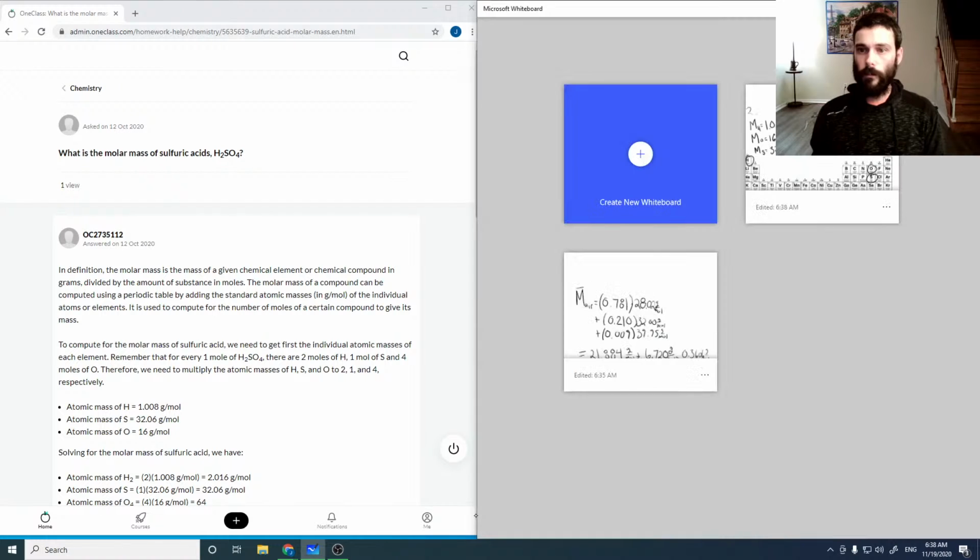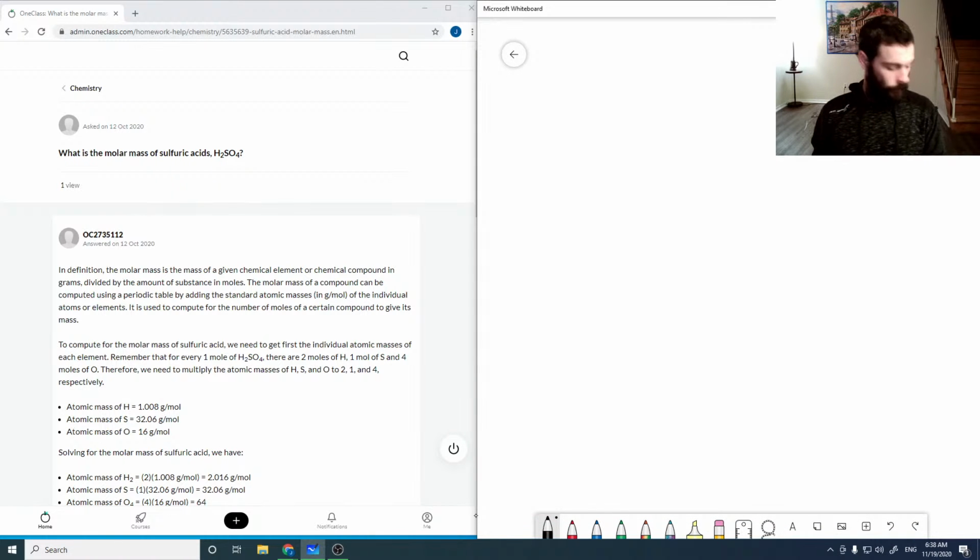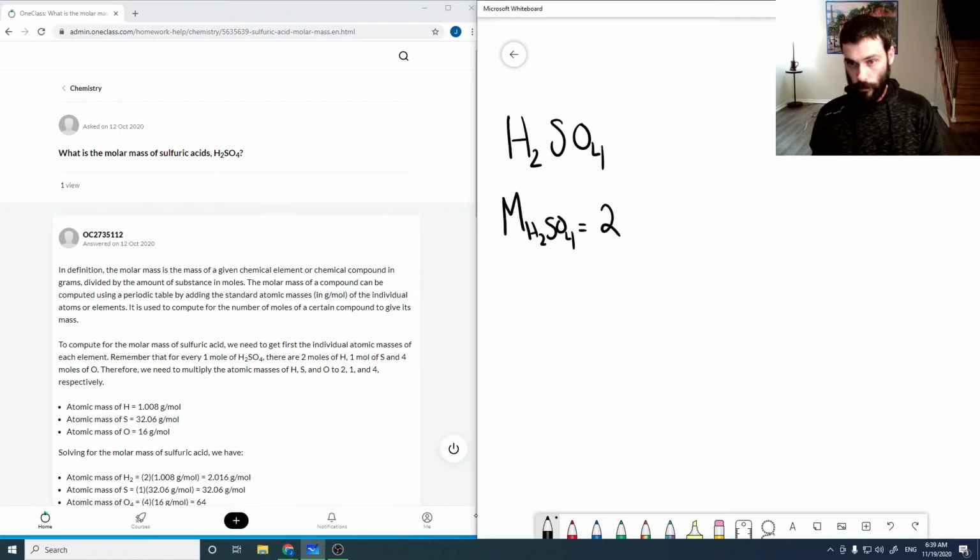Okay, so just grab a new whiteboard here. Our molar mass for H2SO4 is going to be 2 times the molar mass of hydrogen plus the molar mass of sulfur plus 4 times the molar mass for oxygen, because we have 2 hydrogens, 1 sulfur, and 4 oxygens.